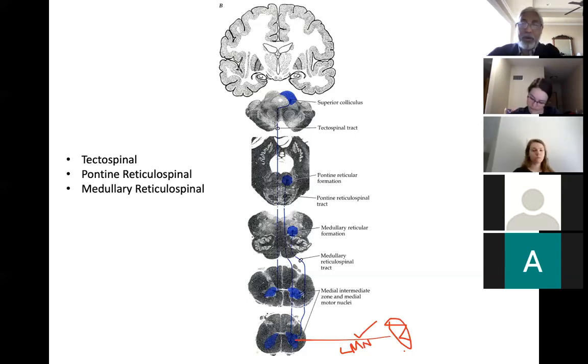To qualify as a lower motor neuron, they need to go all the way to the muscle, either from spinal cord or from brainstem to the muscle. Final pathway, that is lower motor neuron. Other than that, everything coming from either the cortex or subcortical area is upper motor neuron.